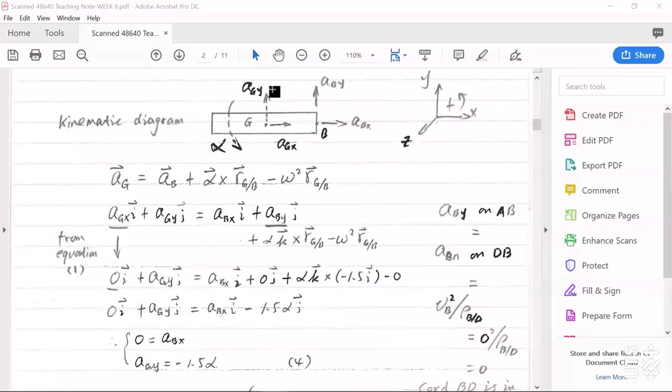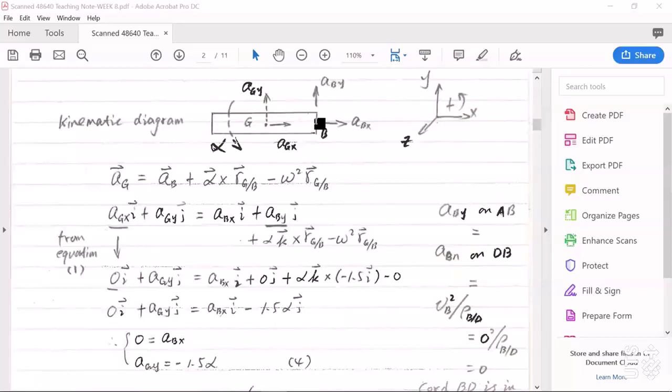Okay, now we will go back to week 4. We will do relative motion analysis on acceleration. And this is the bar. It has angular acceleration alpha. At point G, AGY, AGX.